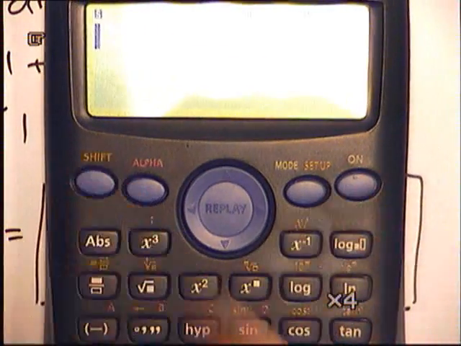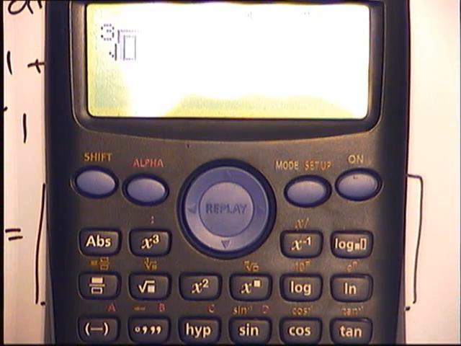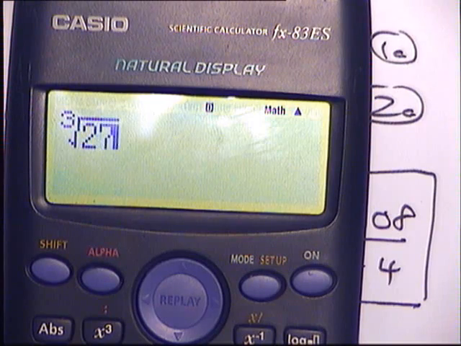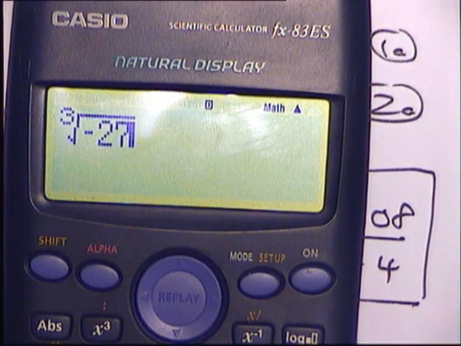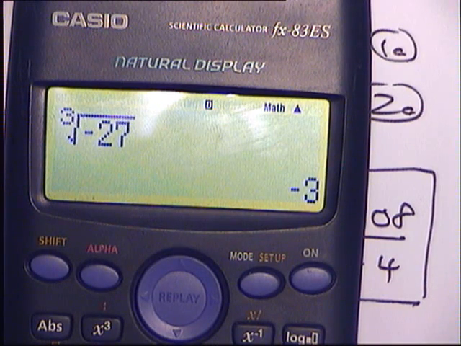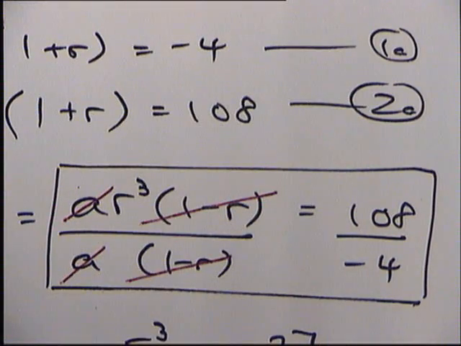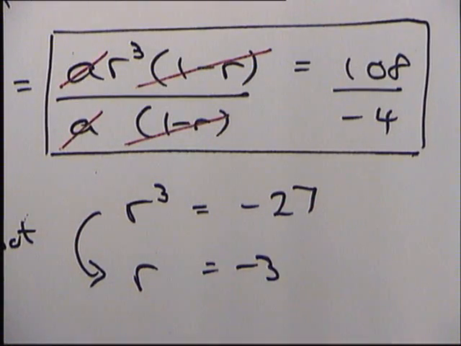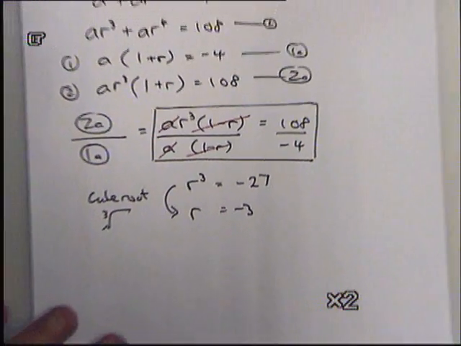I'll put the -27 inside the cube root, and then do equals, and I get -3. So the cube root of -27 was -3, so that's my value for r.